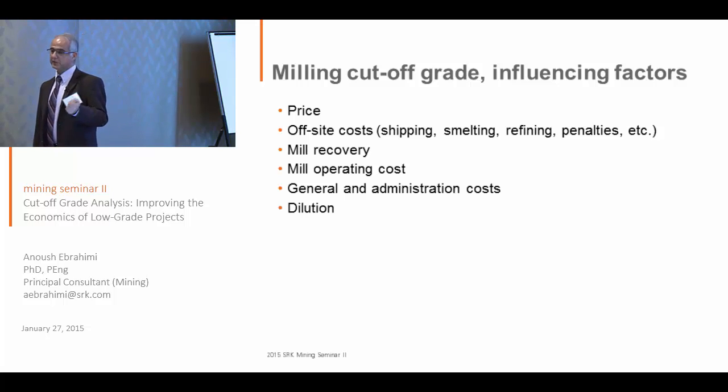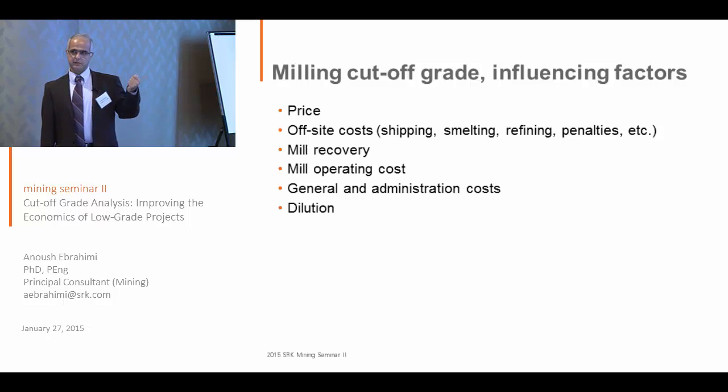For greenfield projects, this is the area that is not really clear because we don't know much about the product we are producing and the system that we're going to put in place, but they are important. Sometimes they are about 35-40% of the total cost, and if we don't really see it well or calculate it well, it may affect your design.